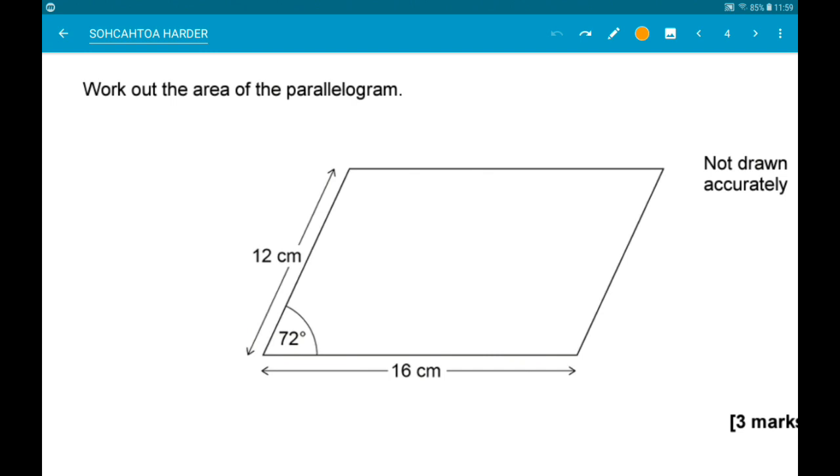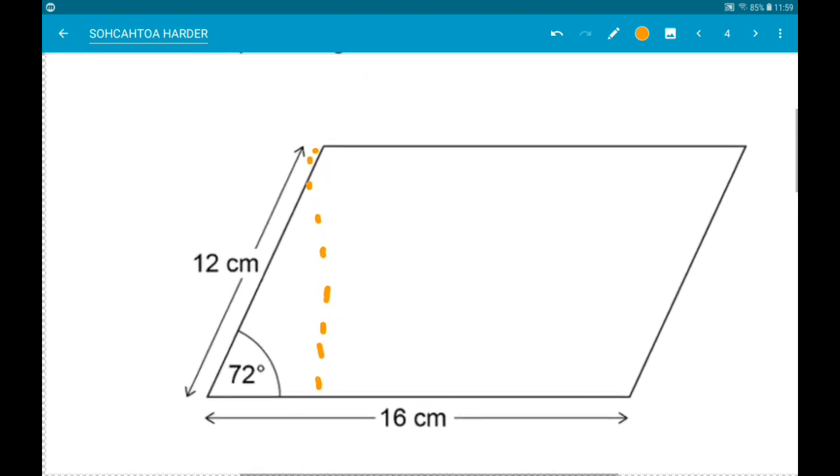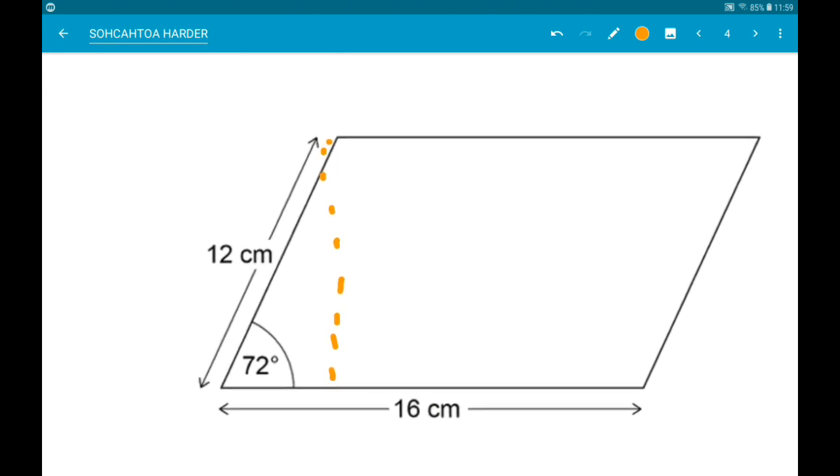However, if we draw a line down like that, we have now created ourselves a right-angled triangle. So, with regards to the 72-degree angle, we have the opposite and the hypotenuse.